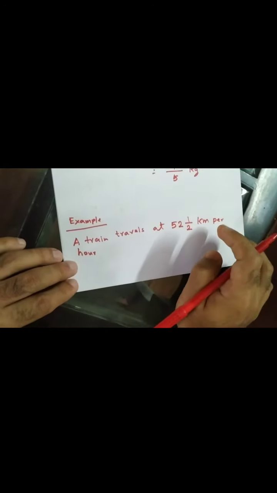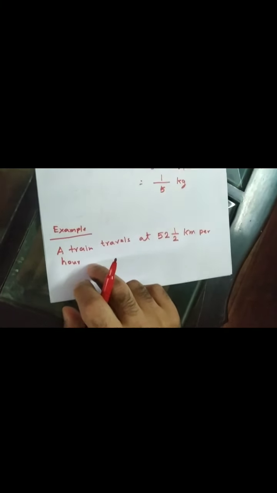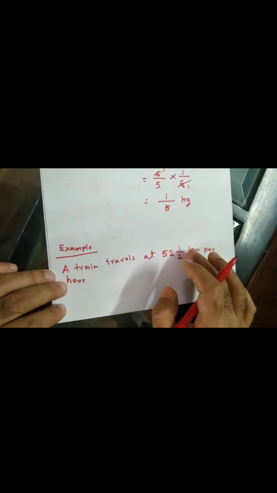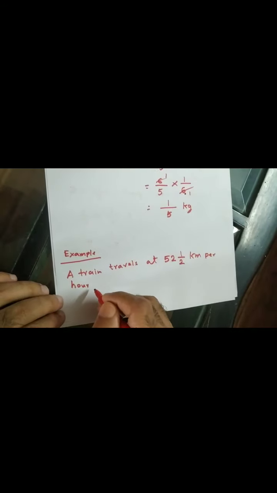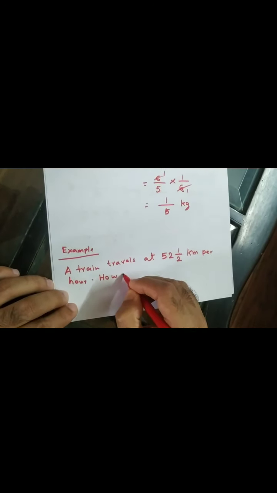Now what does this per hour means? This means that in every hour, or if 1 hour passes, how much kilometer does it travel? 52.5.